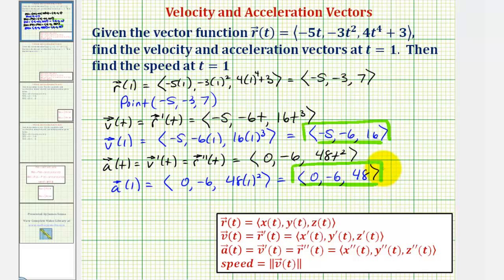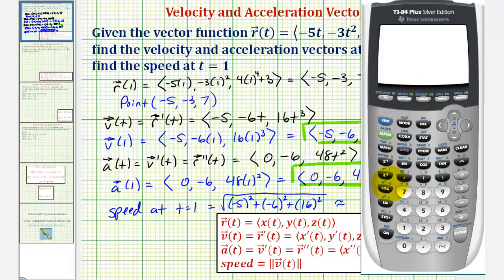And for the last step, we're asked to find the speed at t equals 1, which should be the magnitude of v of 1, or the magnitude of our velocity vector here. So the speed at t equals 1 equals the square root of negative 5 squared plus negative 6 squared plus 16 squared. And now we'll go to the calculator to get our decimal approximation.